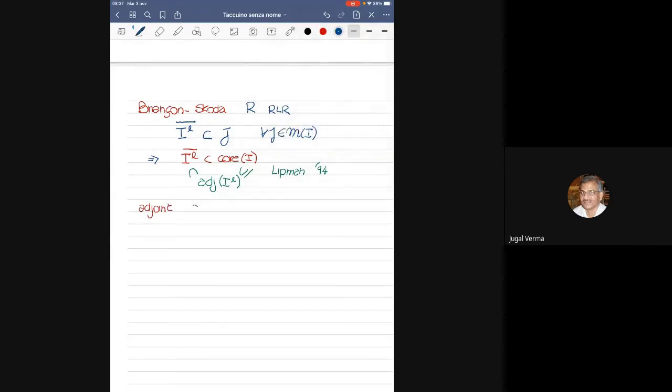The adjoint of I is the intersection among all the divisorial valuations.